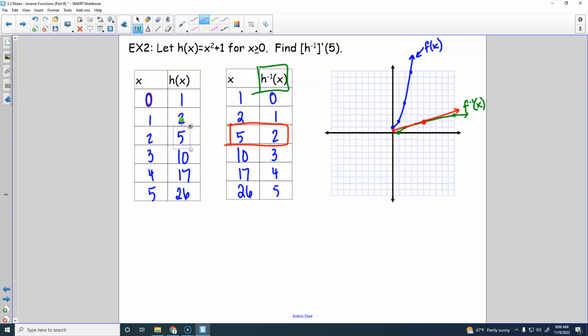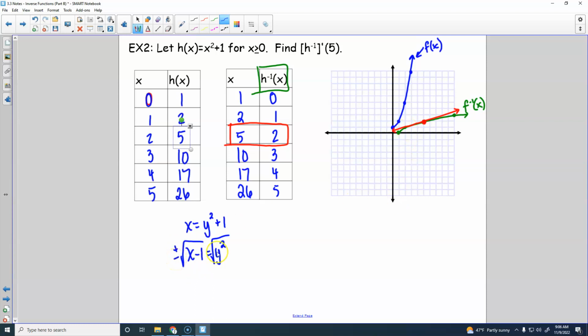Now, for this problem, we could find the inverse, right? So we could say x equals y squared plus 1. So we'd get x minus 1 equals y squared. We could square root both sides, which technically needs a plus or minus, but if I restricted the domain to x greater than or equal to 0 here, do I need the positive piece or the negative piece?